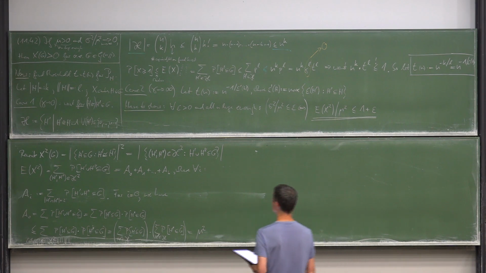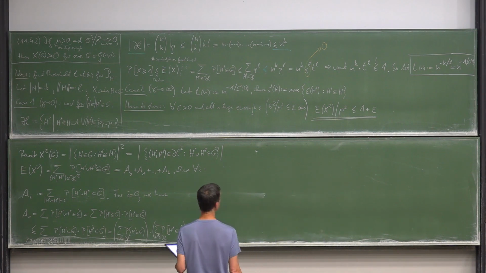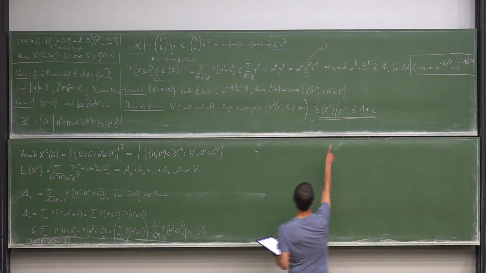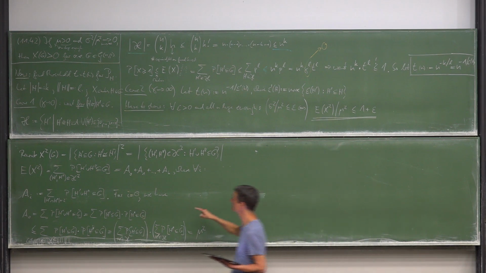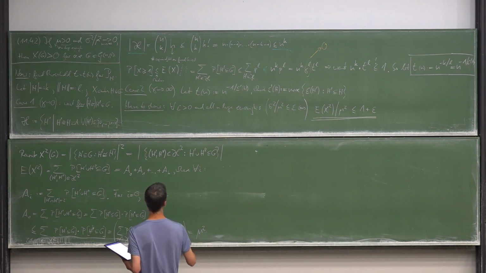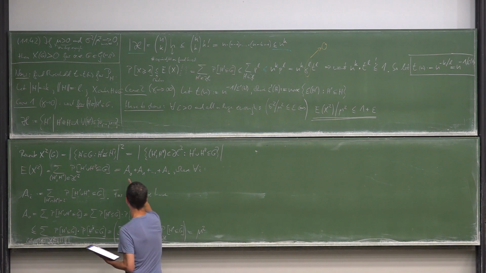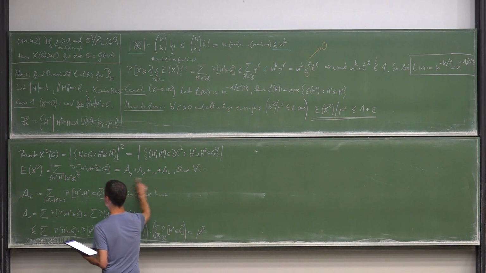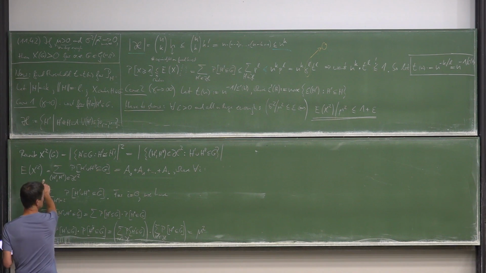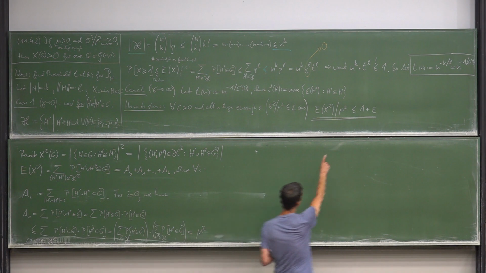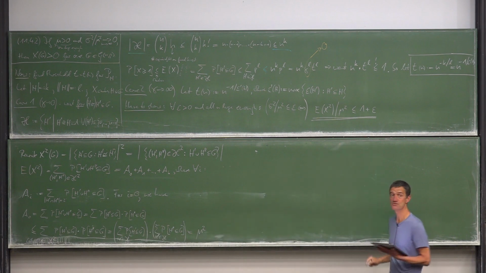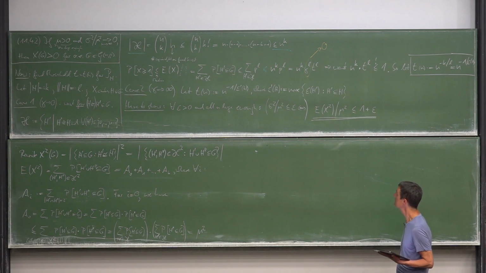Okay, so we've used up our allowance almost entirely. All right, so we want the sum. This sum here, the expectation of x squared, is this sum. The expectation of x squared divided by mu squared should be at most 1 plus a little bit.